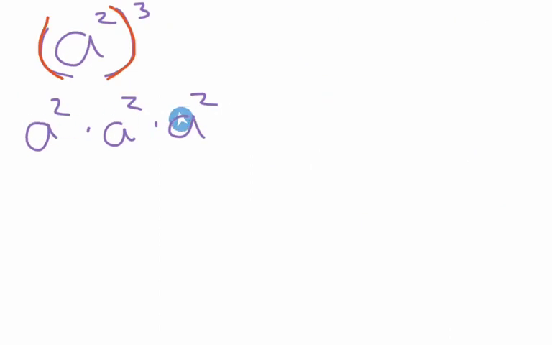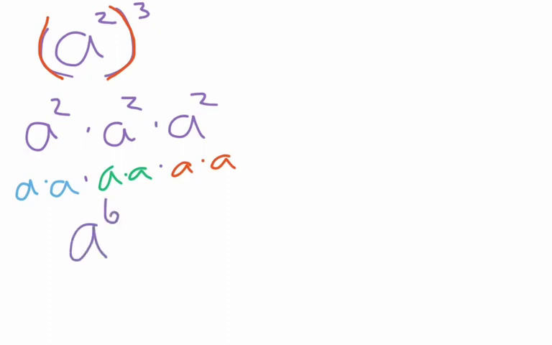Okay, so you've got a squared all to the third power, and then you can, if you want to, go and expand each of these out. So remember, when in doubt, expand it out. Each of those a squareds is equal to a times a. What's happening in between them? Well, multiplication. And so essentially, how many a's do we have being multiplied here? 1, 2, 3, 4, 5, 6.